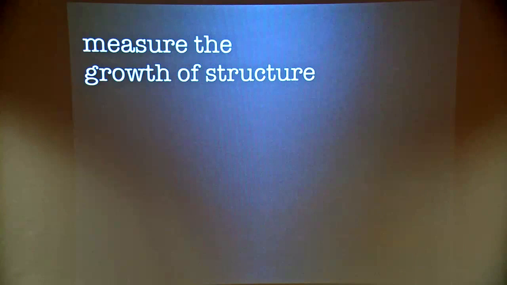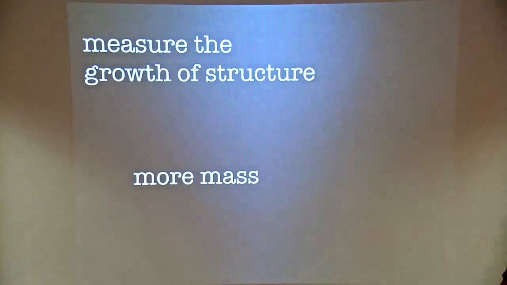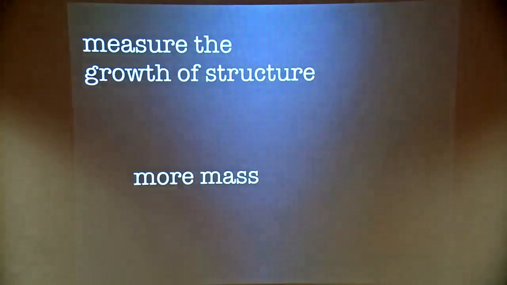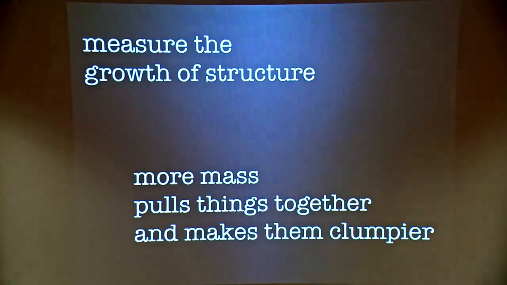how fast structure grows. What do I mean by structure? I mean individual galaxies, but also how galaxies are clustered together on large scales. Like in that movie, you saw that there was structure on a wide range of scales. So what will more mass do? Well, more mass, just like it did before, pulls things together. It makes things get clumpy faster.